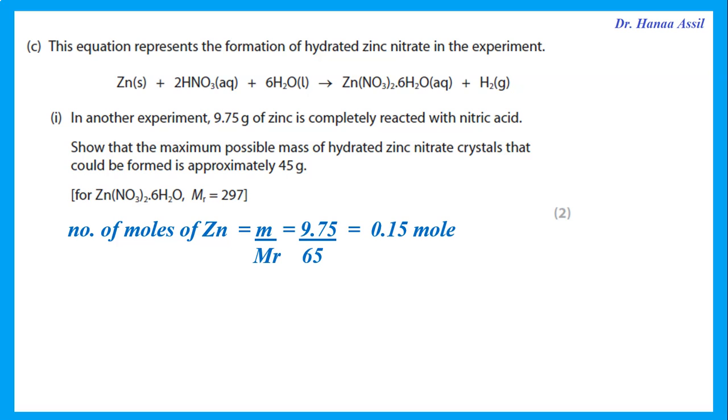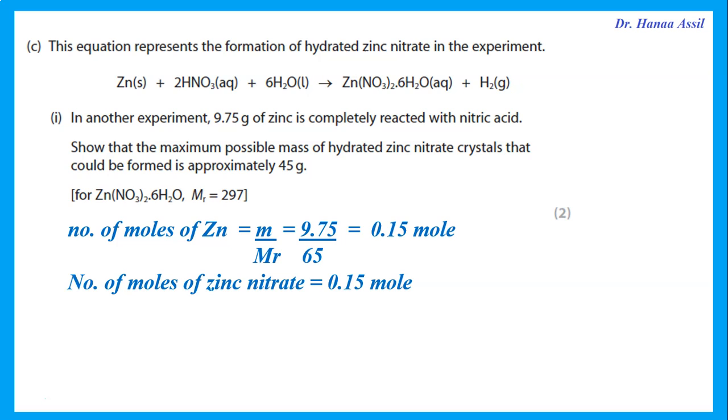So I look at the equation, relate the number of moles of zinc to the zinc nitrate, the product after the arrow. The equation says 1 mole of zinc gives 1 mole of zinc nitrate. And that means the number of moles of zinc that I calculated is the same for zinc nitrate. So the number of moles of zinc nitrate is 0.15 mole.